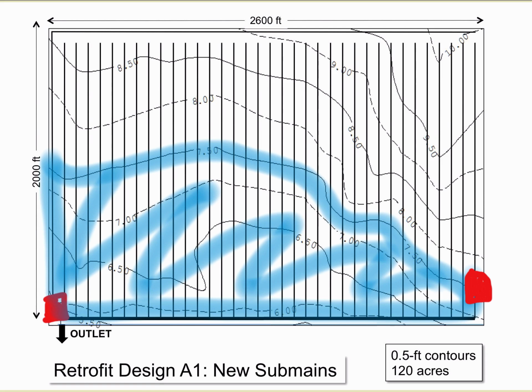But now in order to use that, I've got to get some new pipe installed to make this work. I've got to connect this structure either to the outlet or to the existing main, as I've indicated down here in the lower corner.